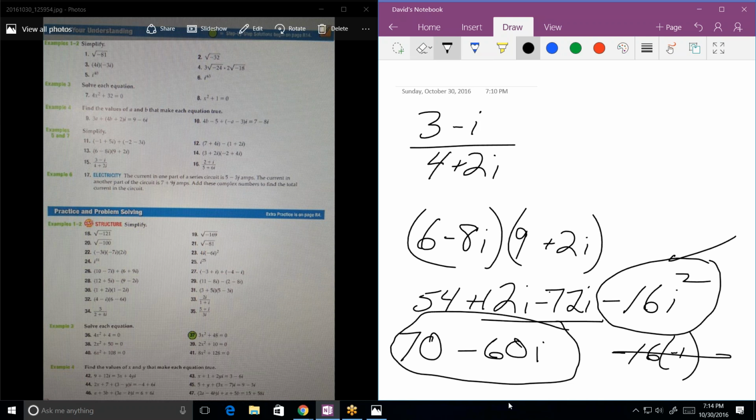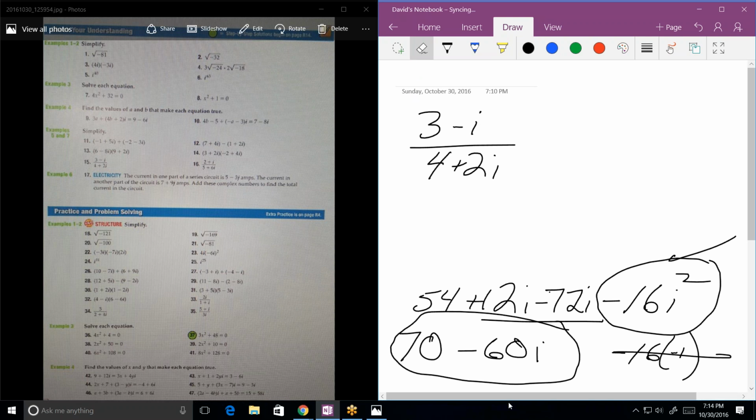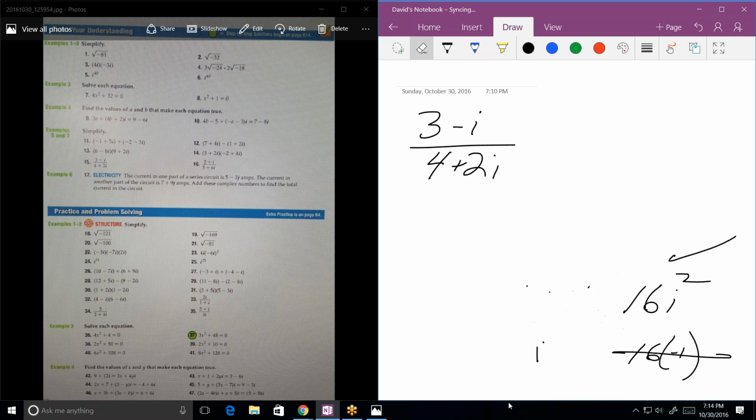Right. Okay. Now, let's talk about your problem here, which is division. That's the only imaginary number problem that's tough. Nothing else is tough. There really isn't anything else that should give you trouble with imaginary numbers. Now, division is not really division.